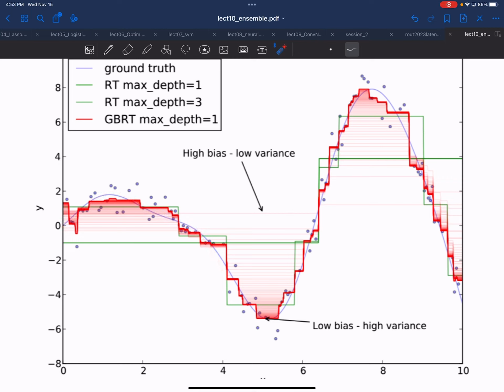So we're trying to design a gradient boosting model to approximate this blue line. Let's look at what happens if you use a regression tree of max depth 1. So if I have a regression tree with only depth 1, how many different outputs can it give?